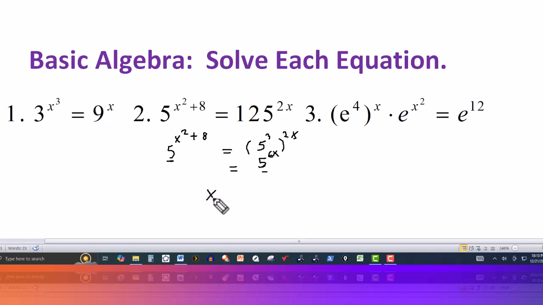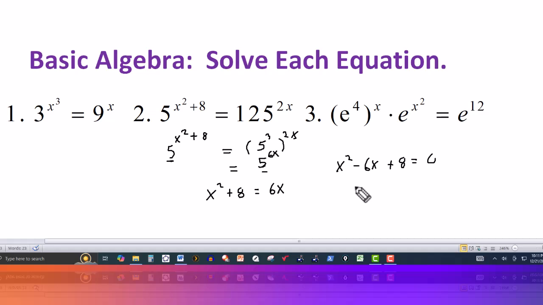So that means I can say that x squared plus 8, the exponent on the left side, should equal the exponent on the right side, because the bases are the same. So I get a quadratic this time. X squared plus 8 is equal to 6x. So let me bring the 6x over, be x squared minus 6x plus 8 equal to 0.